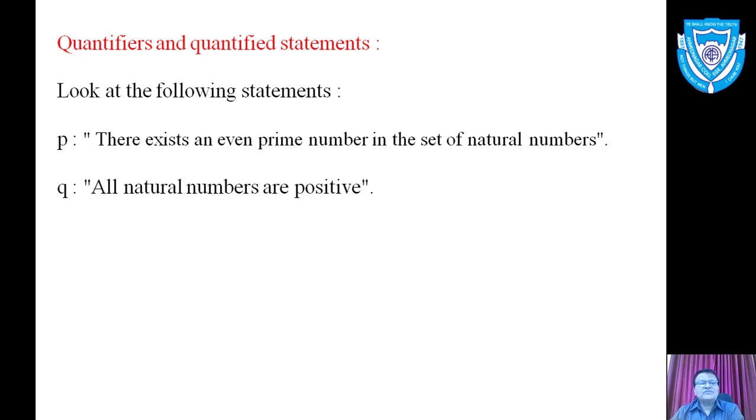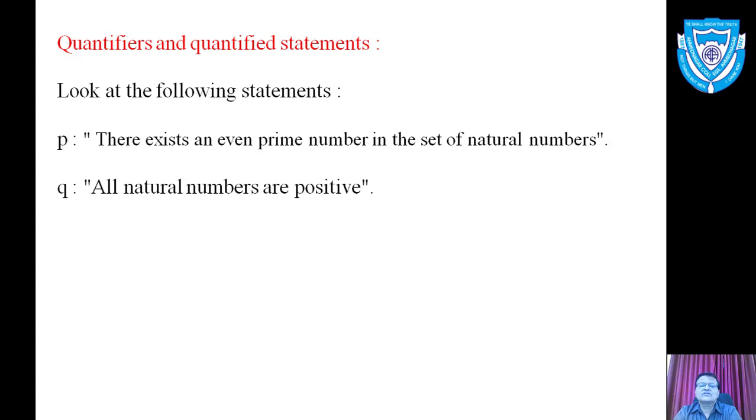Look at the following statements. P, there exists an even prime number in the set of natural numbers. And Q, all natural numbers are positive. We concentrate on the first statement. Here one condition is there, that condition is being an even prime number.